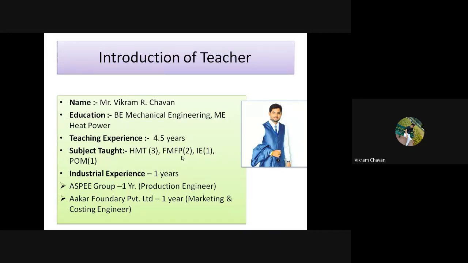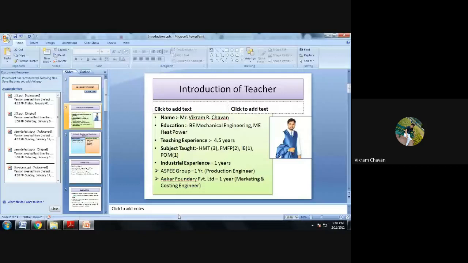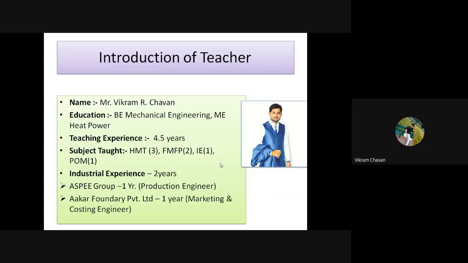I think here by mistake I have mentioned industrial experience as 1 year, but I have 2 years of experience. One year after completion of my graduation, I got selected in ASPI group of companies through a campus drive, and I worked for more than 4 to 5 months as a trainee engineer.